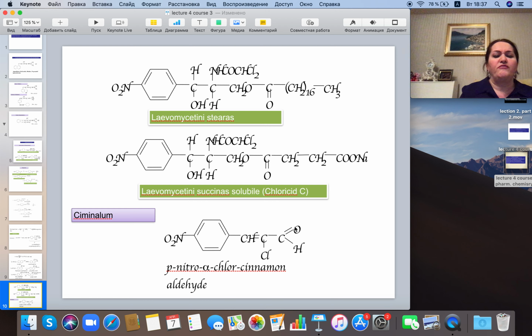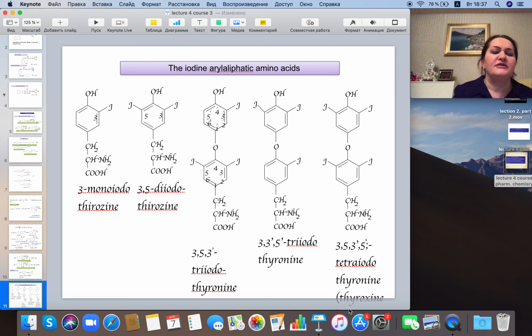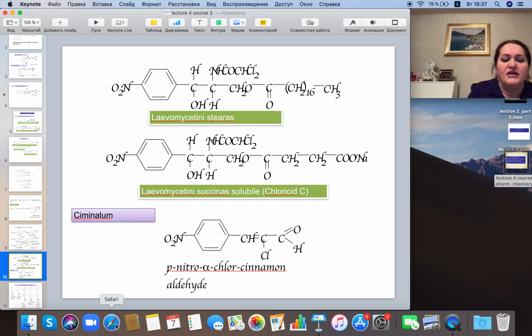Therefore, since it has aldehyde groups, it gives a reaction with Fehling's reagent, gives the silver mirror reaction, and all the reactions which aldehyde groups give. Synthomycin also, as I said before, has antiseptic properties and is used in antiseptic, antimicrobial preparations.